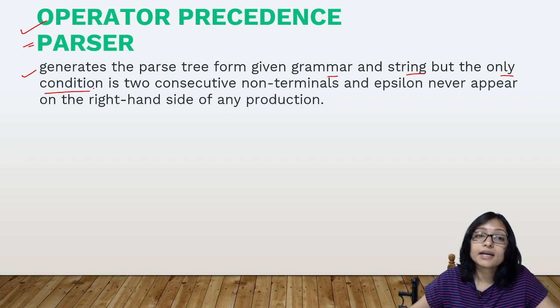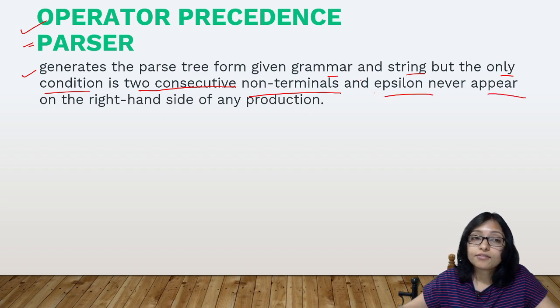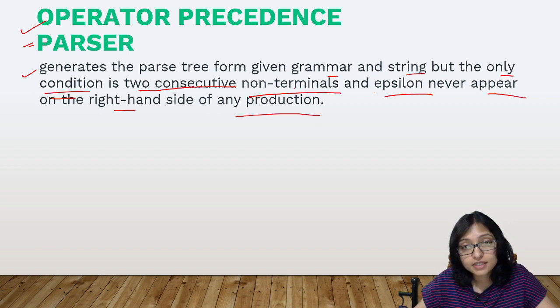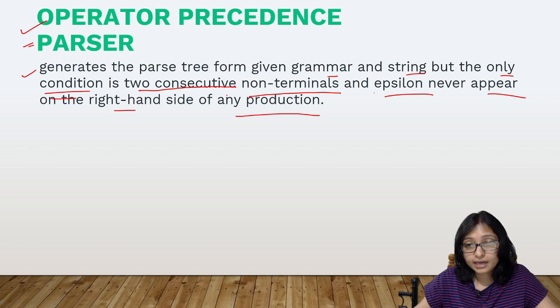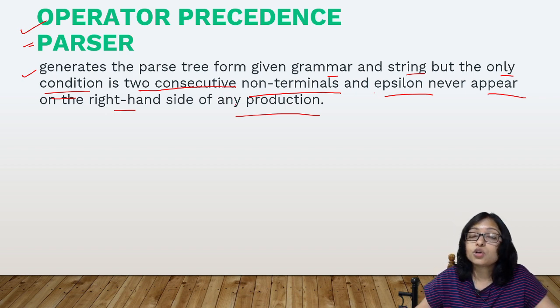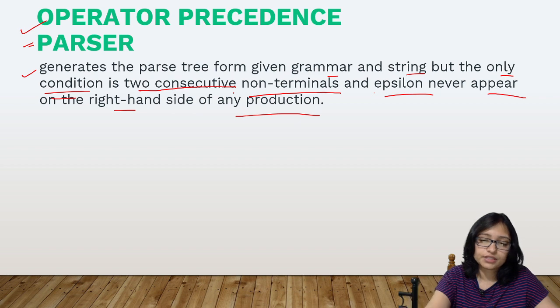But the only condition is that two consecutive non-terminals and epsilon never appear on the right hand side of a production. Two consecutive non-terminals cannot be in the right hand side, and epsilon also cannot be in the right hand side. That is the main condition for operator precedence.